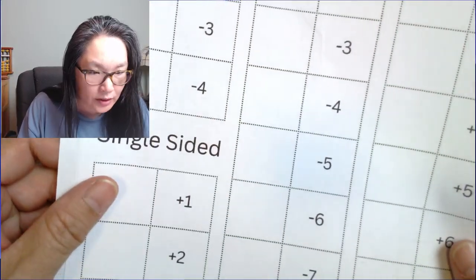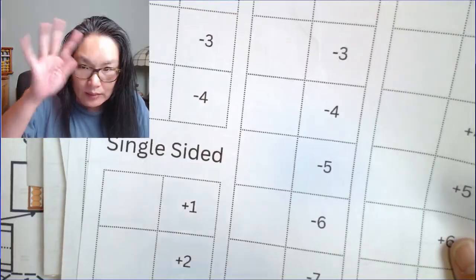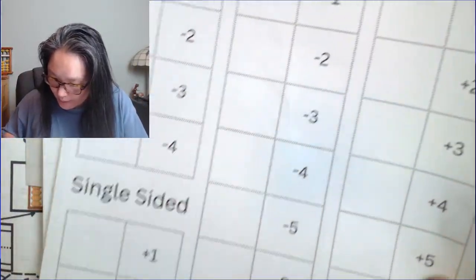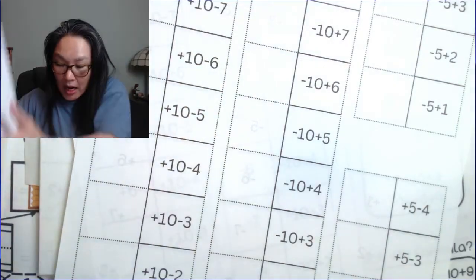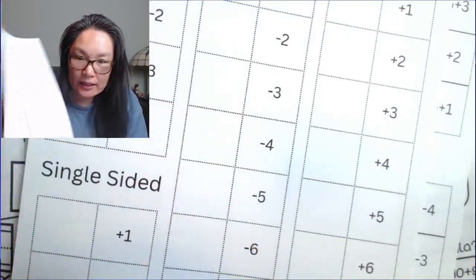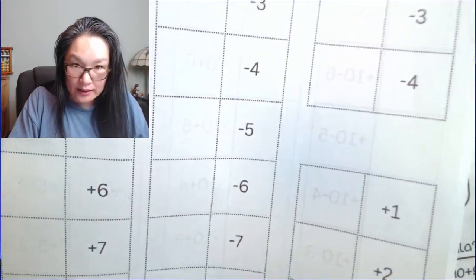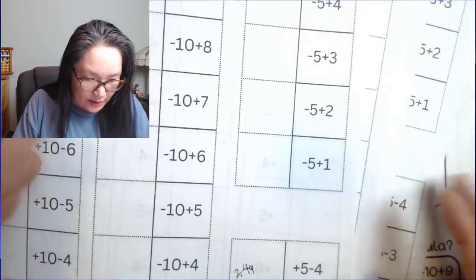So if your printer is not double-sided, you can do single-sided, and you just glue it together, right? And it should fit nicely like this. If you have a printer that's double-sided, you can use the other one that's double-sided. So I try to make it double-sided, and that's why I did this.